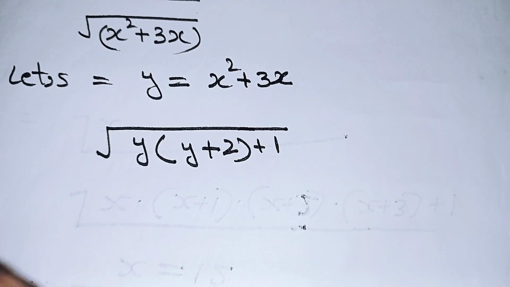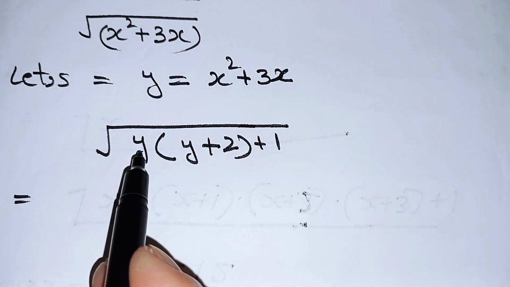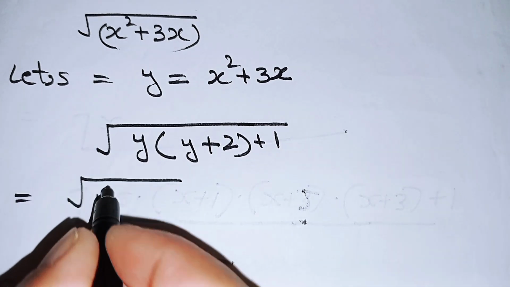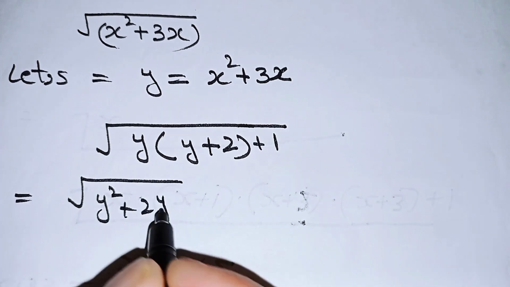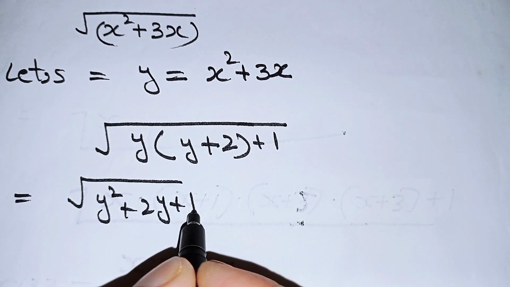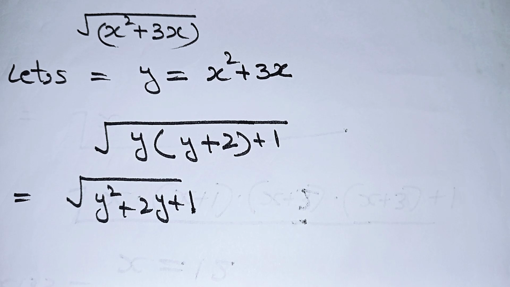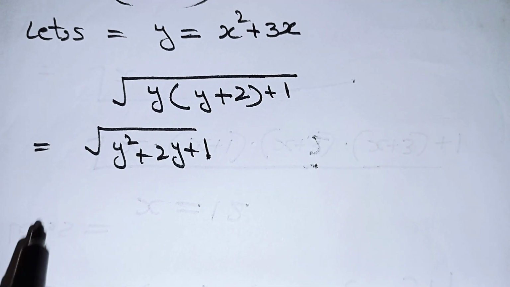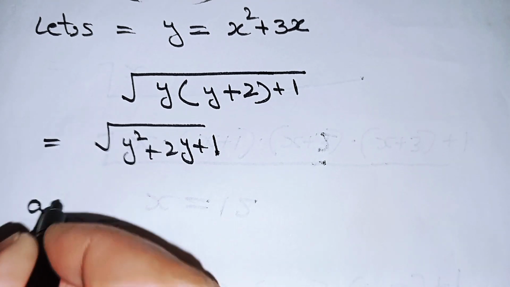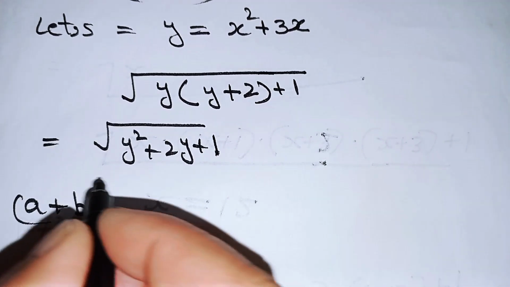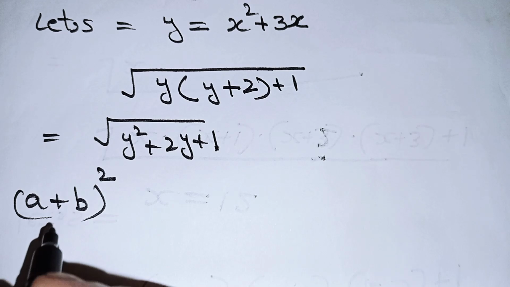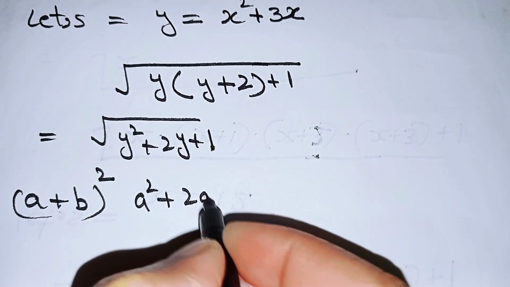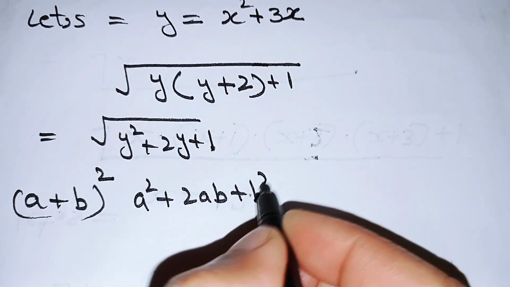So multiplying them, y square plus 2y then plus 1, and so here we use a nice algebraic identity, which is a plus b whole to the power of 2 equals a square plus 2ab plus b square.